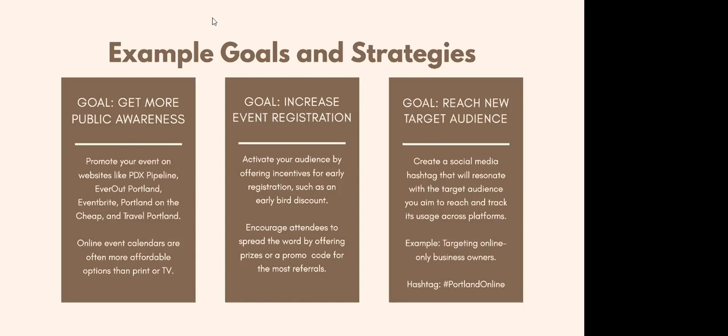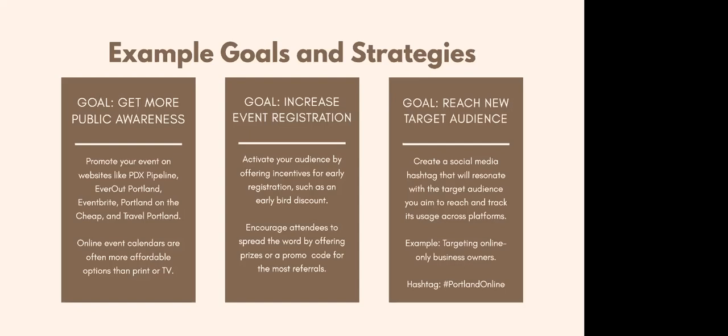And then last but not least, the goal is to reach a new target audience. So this would be slightly different than just public awareness. This would be, I want to go after one specific group. And maybe your approach is that you create a social media hashtag that will resonate with the target audience you aim to reach, and then you track its usage across platforms to see if you're actually reaching that target audience.